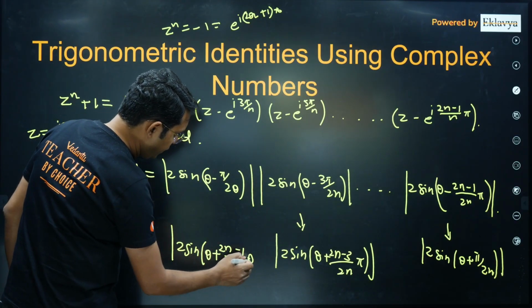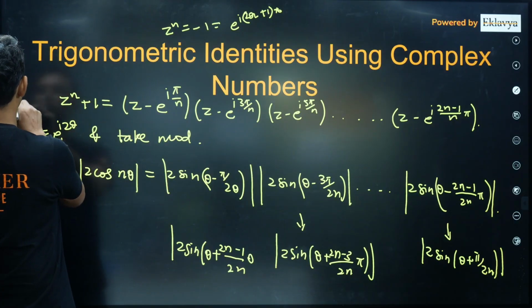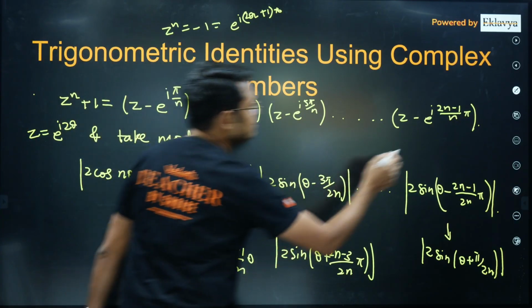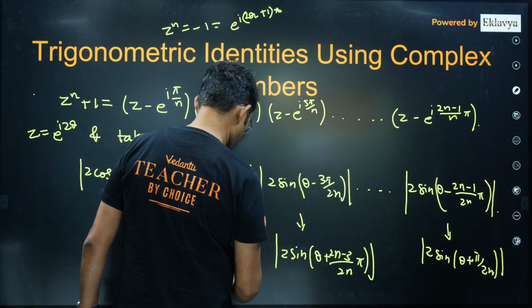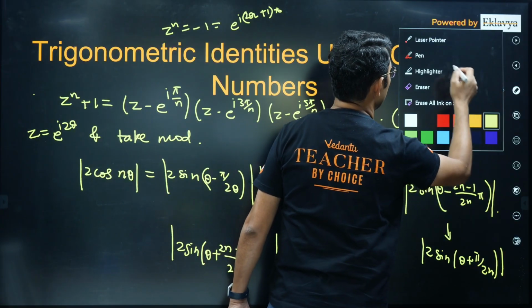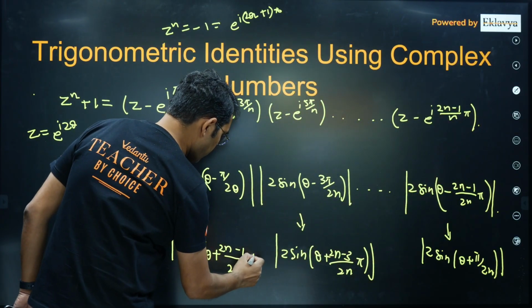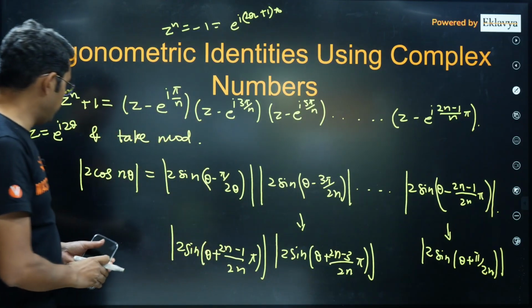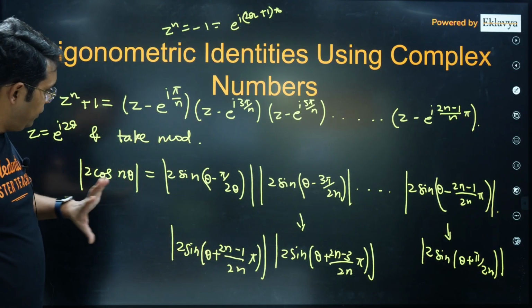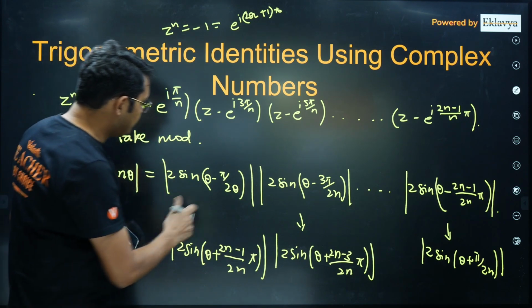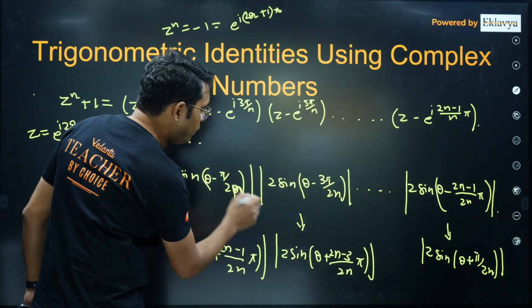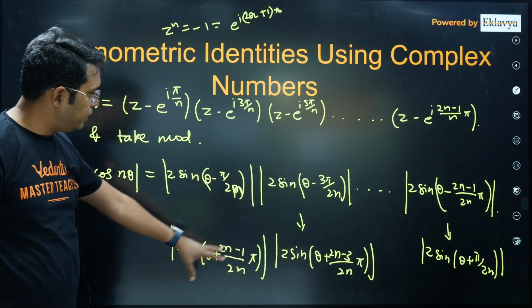No, I think it is fine. I'm confused. Yeah, just pi only. Let me check once again. I have added pi, that's it. So this was pi upon 2n actually. Yeah, that's fine.